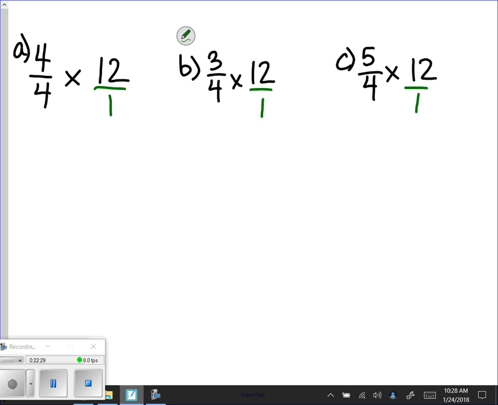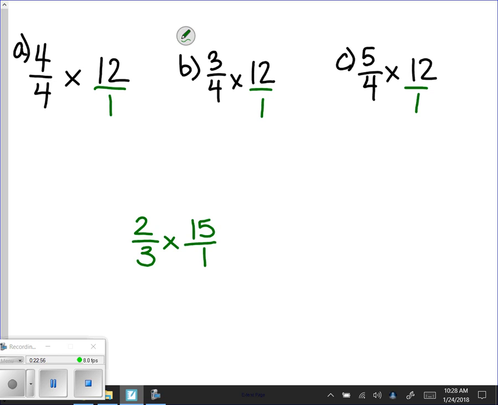If I were doing 2/3 times 15, and look up here, I'm teaching you a strategy. This is like a cross simplifying thing. I've taught you this.